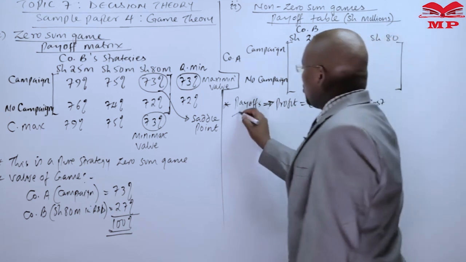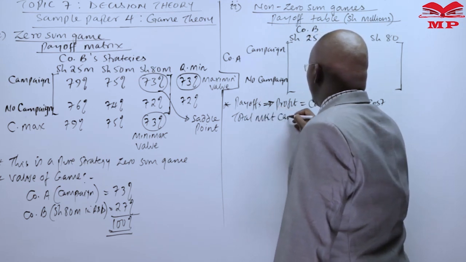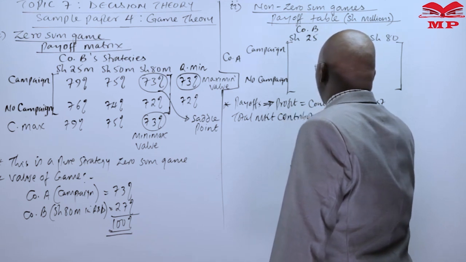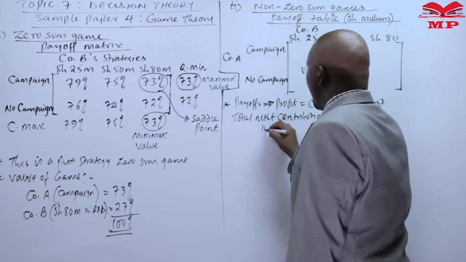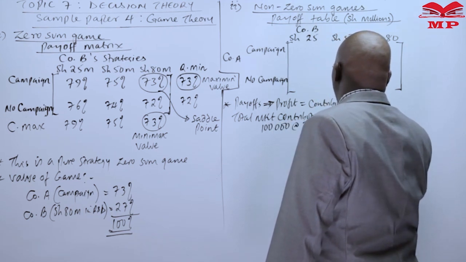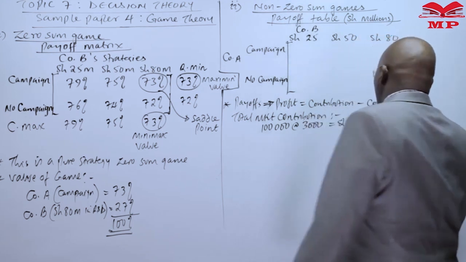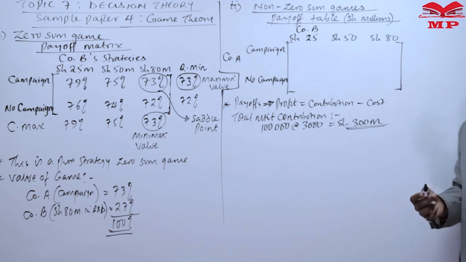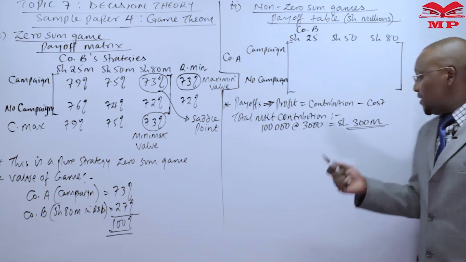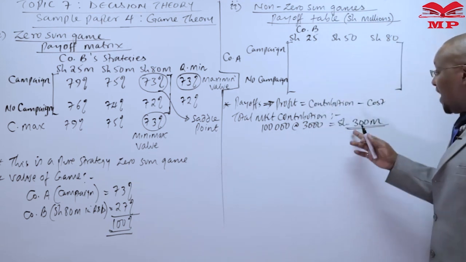Now, our total market contribution will be 100,000 calculators, each 3,000. This is going to be shillings 300 million. Such that if company A is controlling 73%, then it is going to earn 73% of these 300 million. Company B is going to control 27% of these 300 million.